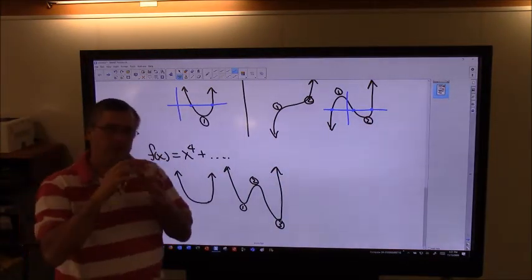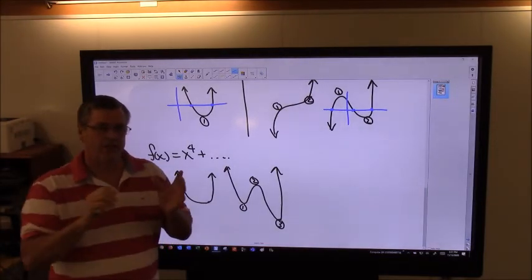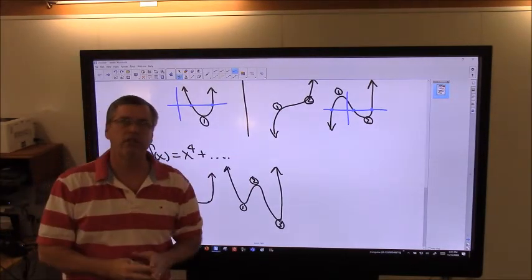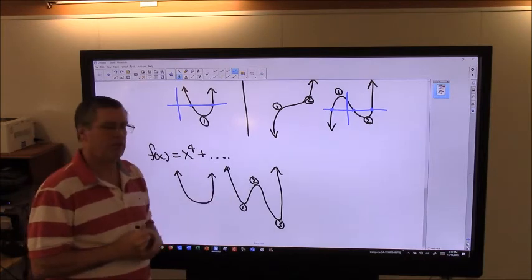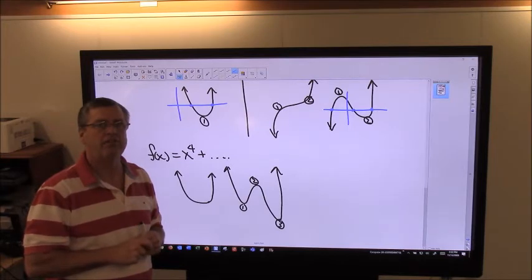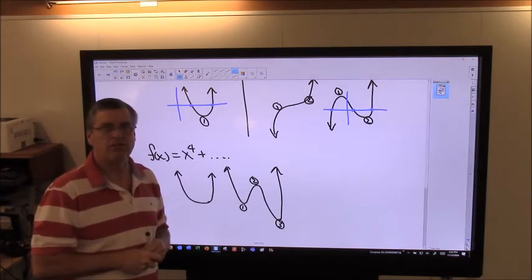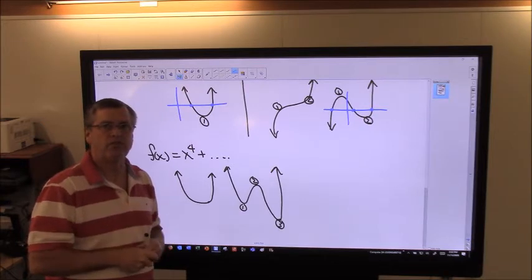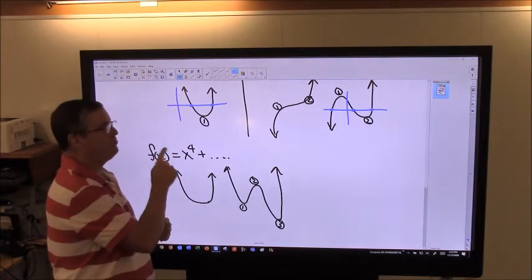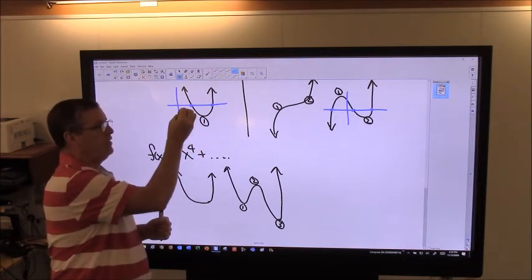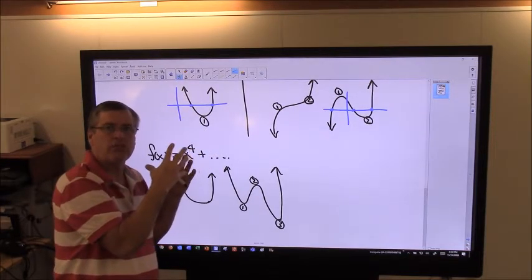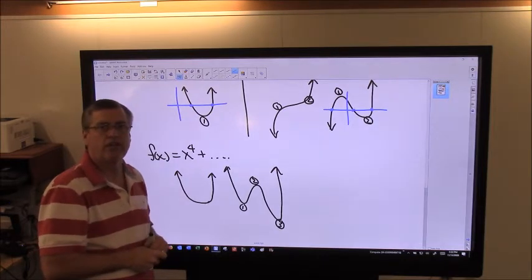See, if I can find the number of x-intercepts, and I know something about end behavior, whether it goes up or down, and I also know a little bit about turning points, I could come pretty close to drawing an accurate graph by just finding those pieces of information. And that's really what we want to get to for today. How could I graph a polynomial using things like end behavior and turning points and finding the zeros? If I put all that together, can I get a picture that's close to what this thing should look like?